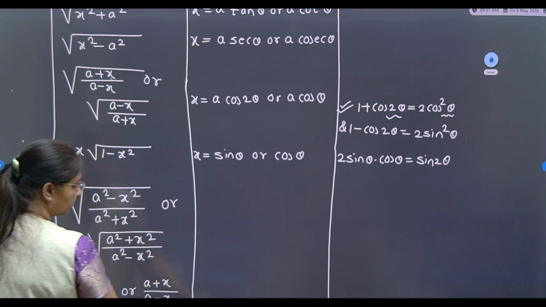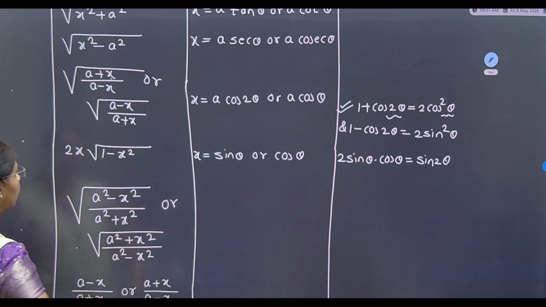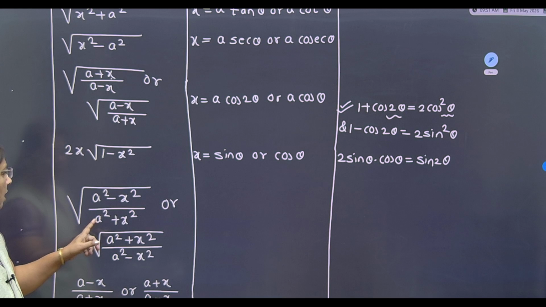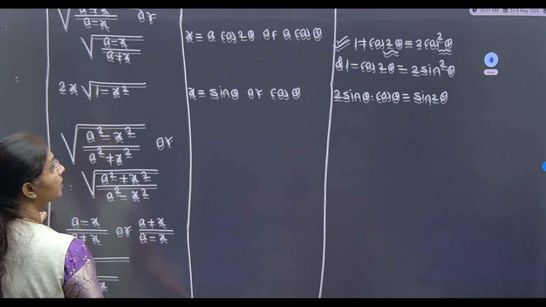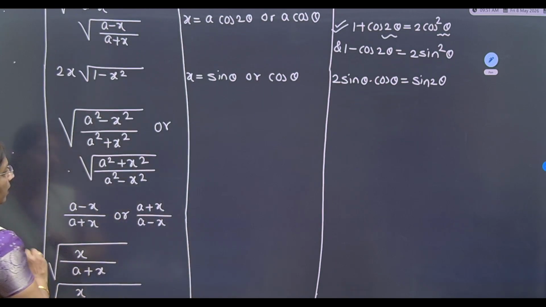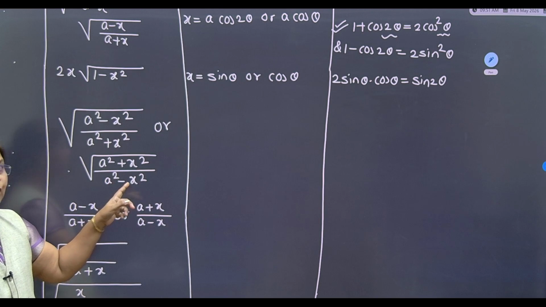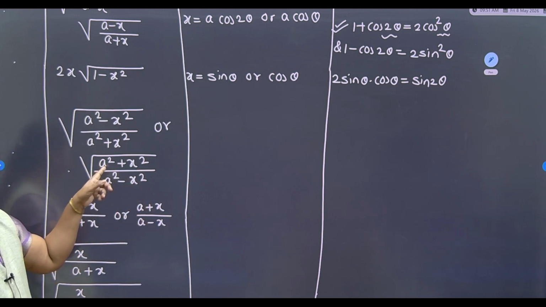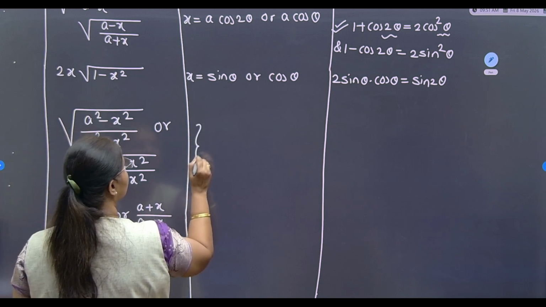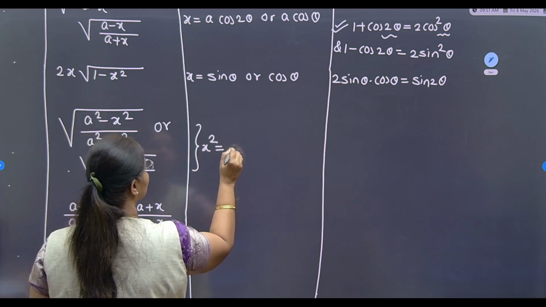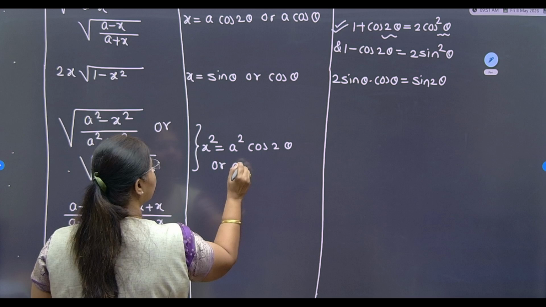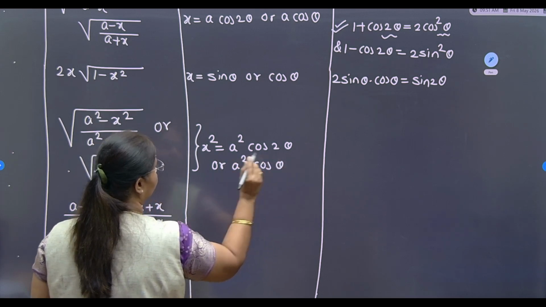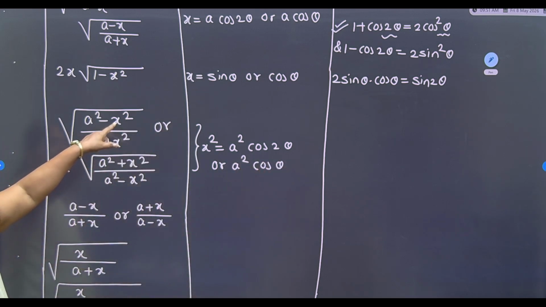Then next, under root of (a square minus x square) upon (a square plus x square), or under root of (a square plus x square) upon (a square minus x square). Here we have a square terms. Therefore our substitution: put x square equals a square cos 2 theta.